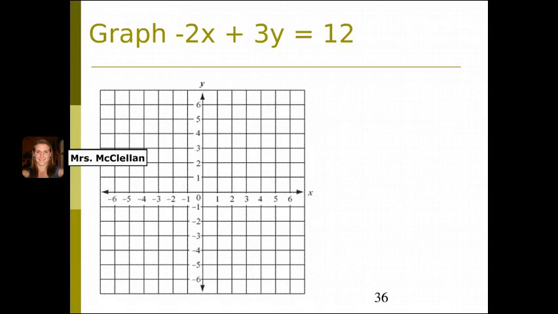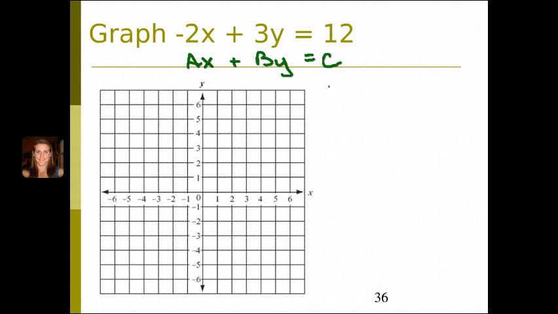In the example negative 2x plus 3y equals 12, you'll notice that this equation is written in standard form, ax plus by equals c. Therefore, we can easily find the 2 points that we're trying to look for on the graph by finding the x and y intercept.